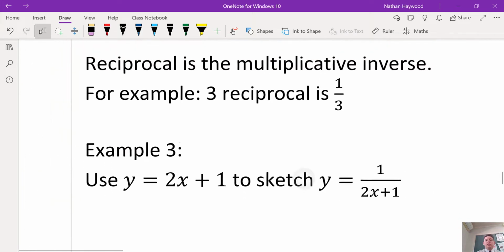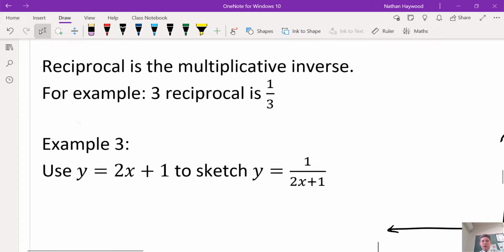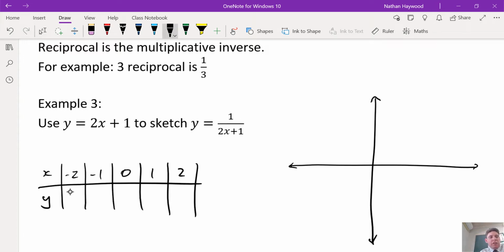Alright, so we're going to move on to our next thing. We're going to sketch reciprocal functions. So if we've got the function y equals 2x plus 1, let's sketch the reciprocal. What is the y value when x is negative 2? So we then graph it.